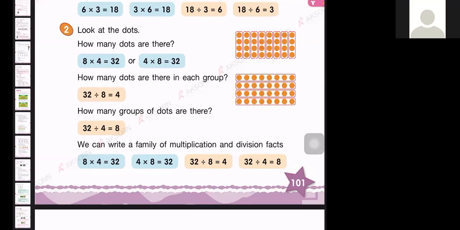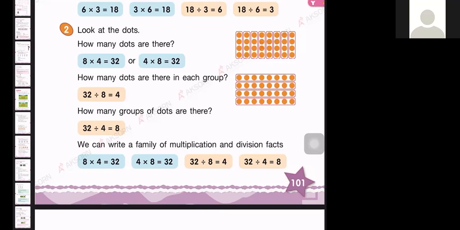We're just going to swap. 4 times 8 equals how many? 32. Also the same. They are the same, right? 8 times 4 equals 32. And also 4 times 8 is equal to 32, right? Yes or no?